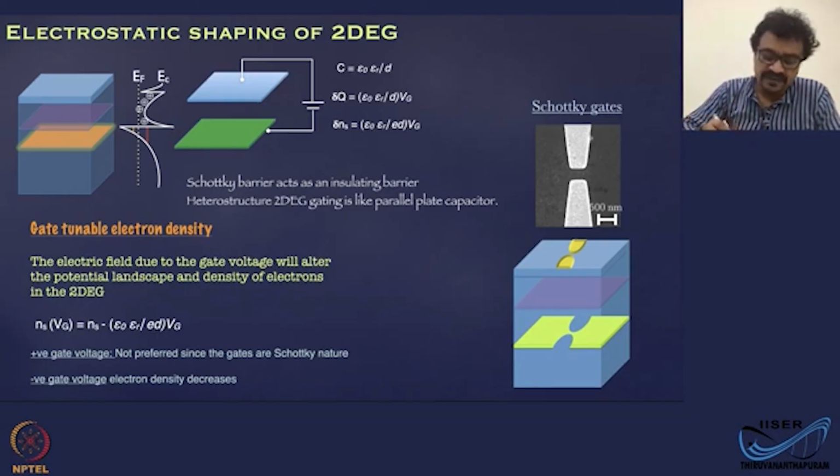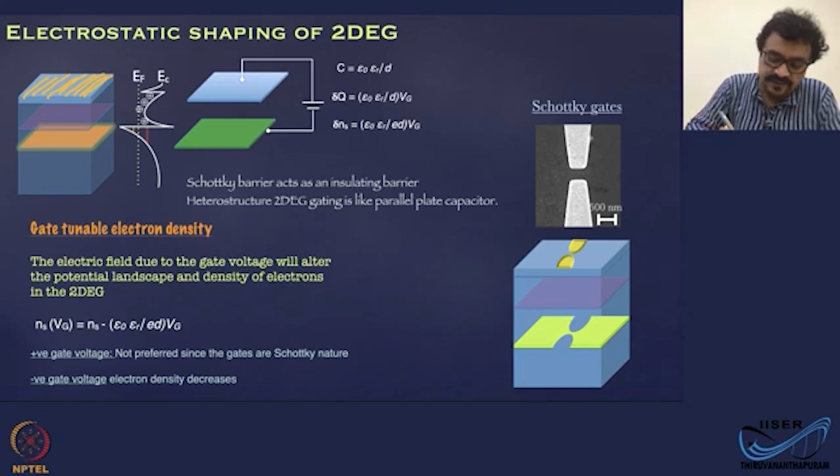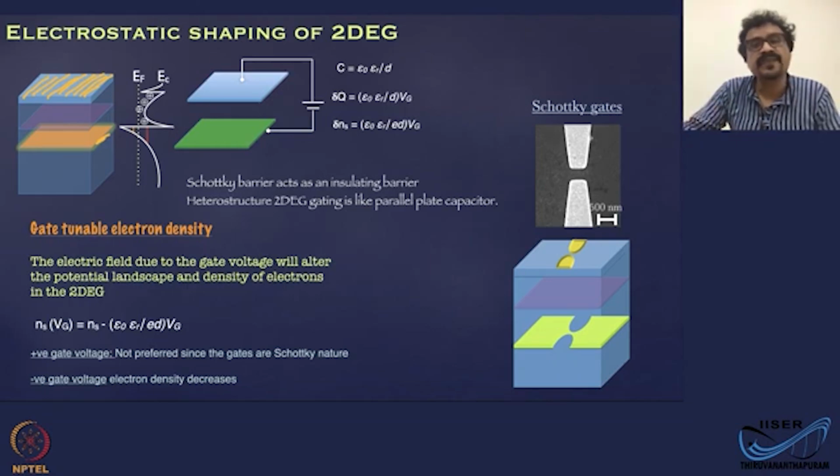So what you have is a sheet of electrons in the middle, which I have represented in green here. Now if you put some metal gate on top, then this metal gate and this electron gas, the sheet of electrons, together can form a capacitor.